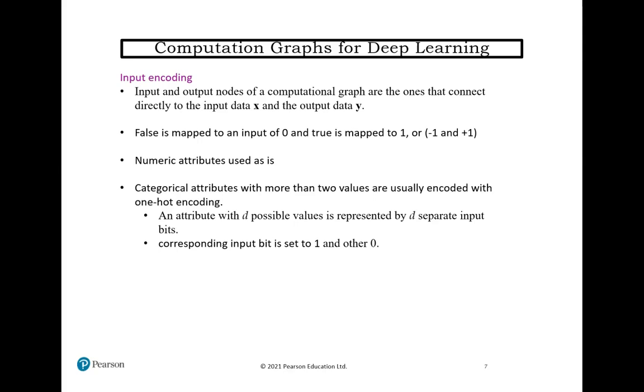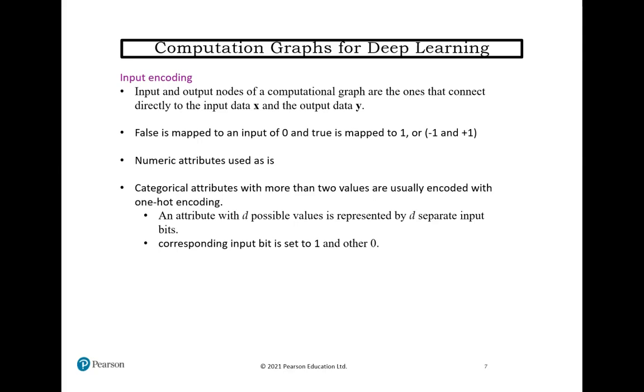Now, our inputs, x1, x2, and so on, have to be numeric values. In the case of binary variables, for example male or female, that's easy because it's just 0 and 1. If we have a numeric, continuous attribute, like the price, we're just going to use it as is.